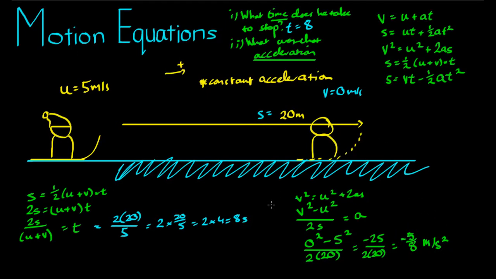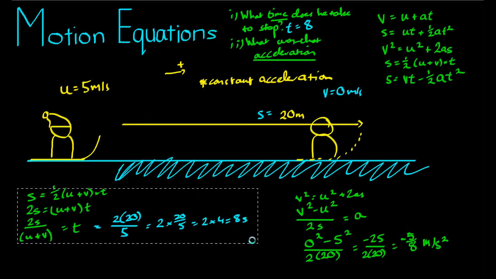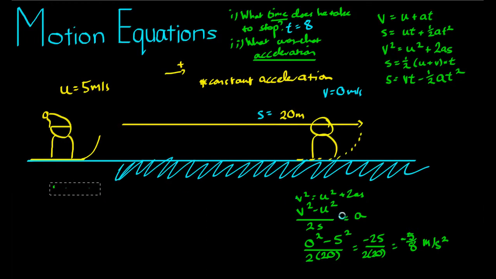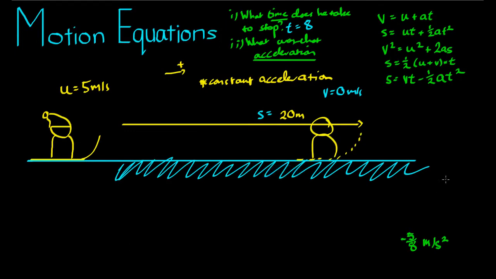The one bonus question I'm going to throw in at the end here is to ask if we maintain this same acceleration, because the acceleration is mainly determined by the friction of the sled on the snow. So that is our set in stone acceleration. A is equal to negative 5 on 8 meters per second squared.